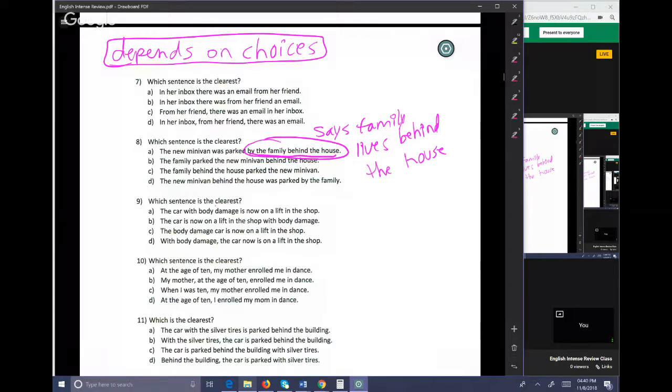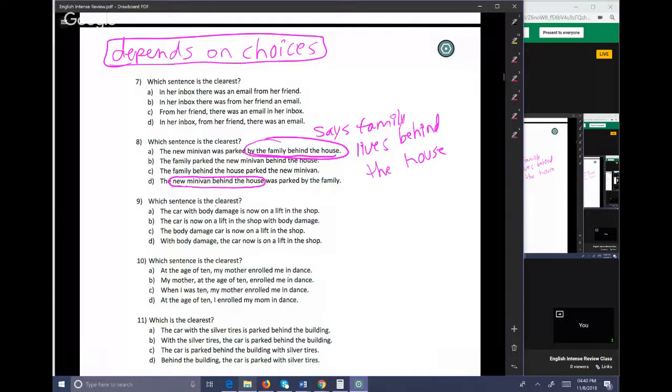Another thing that I notice on this one is "the new minivan behind the house." So again, you kind of have to consider, and that's what I'm about to bridge over to with our new strategy, you have to consider what they are trying to say. Because saying the new minivan is behind the house is not necessarily incorrect.